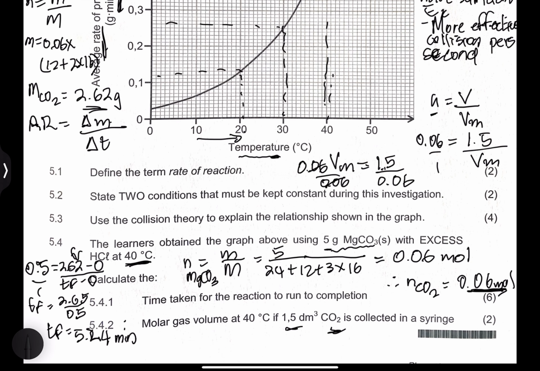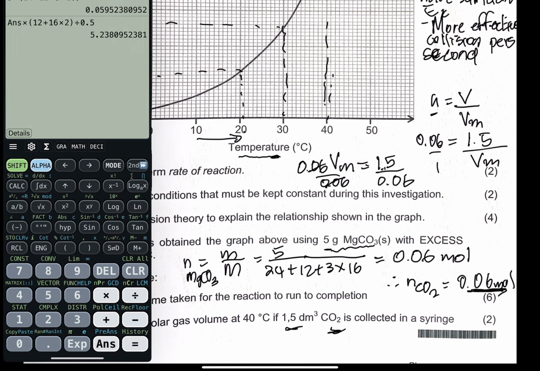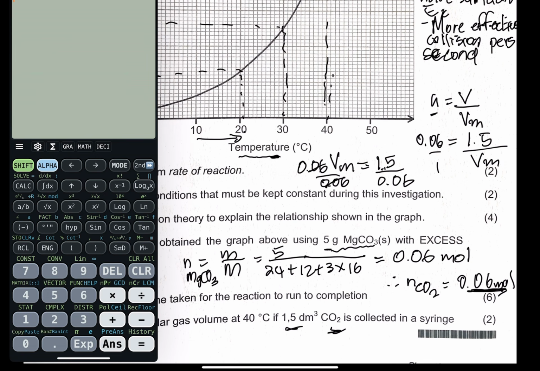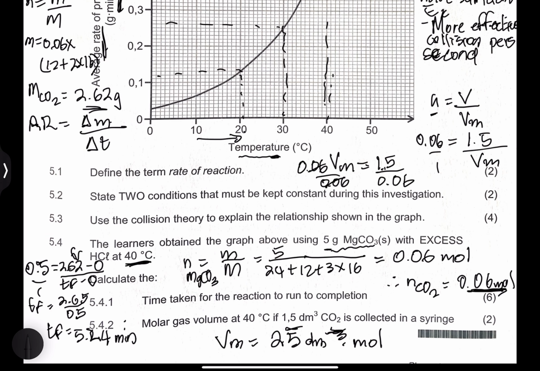In this case, our Vm value is 1.5 divided by 0.06, and I get 25. So the molar gas volume Vm for this question is 25 cubic decimeters per mole. And that is how the cookie crumbles.